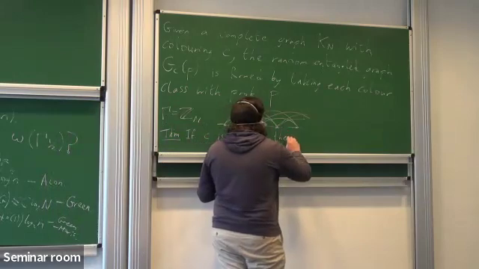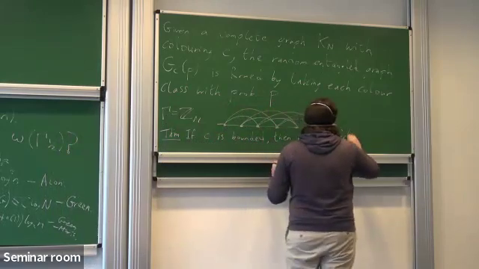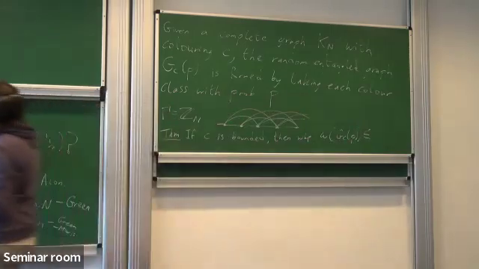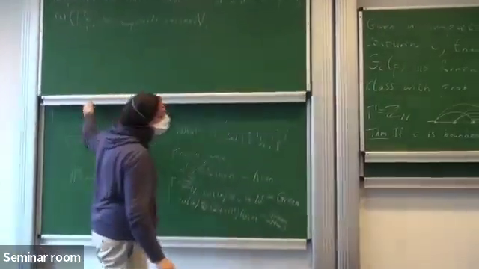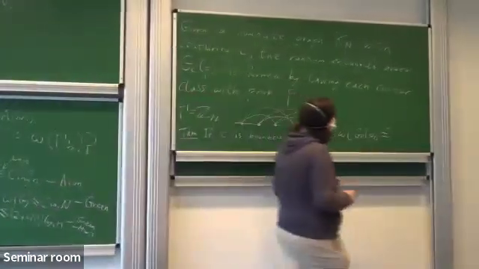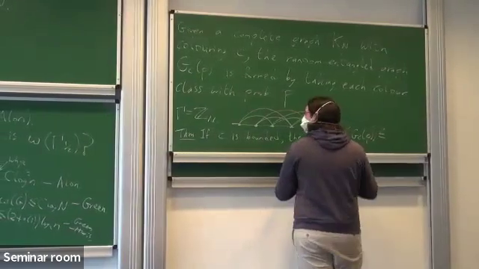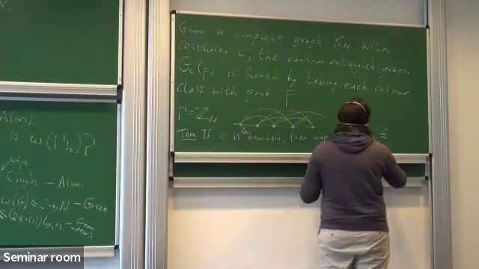Then, with high probability, the omega of this GCP is at most some constant depending on delta and on P times log n.